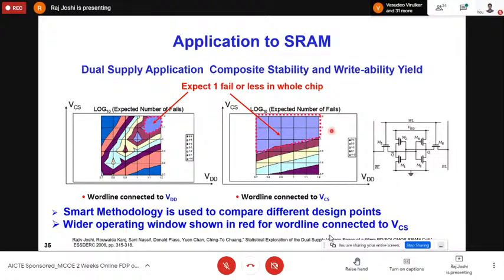So a larger passing region. What does this mean? It means that your memory can be made robust by selecting the knobs in your voltages, and this technique can give you good predictions, and that's what it shows.